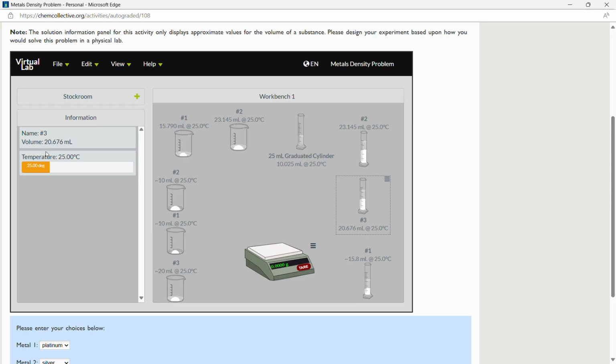For 3, it is going to be 20.676 milliliters. Of course, they were all done here, so I just kept them here so I can remember the volumes in case I needed to do the mathematical equation.